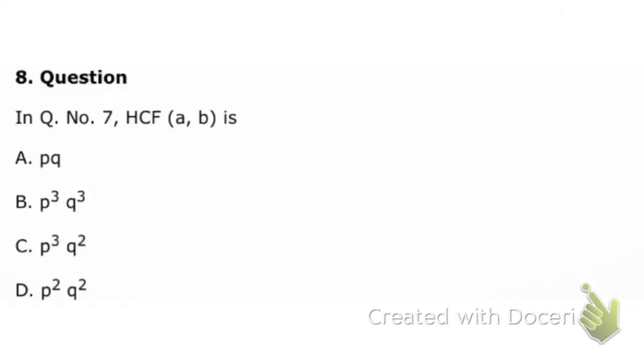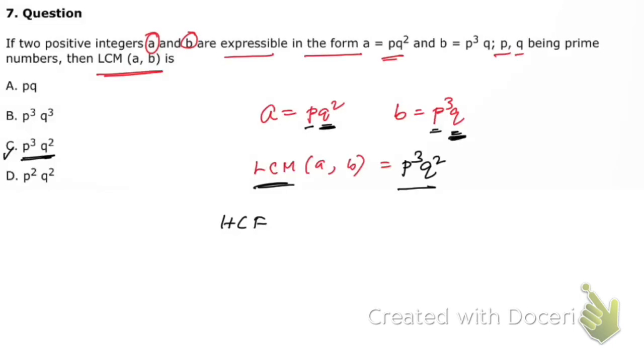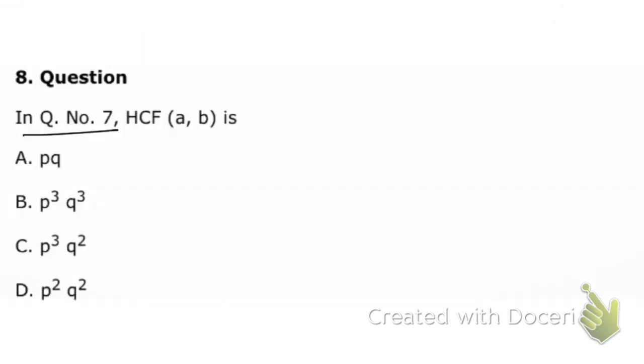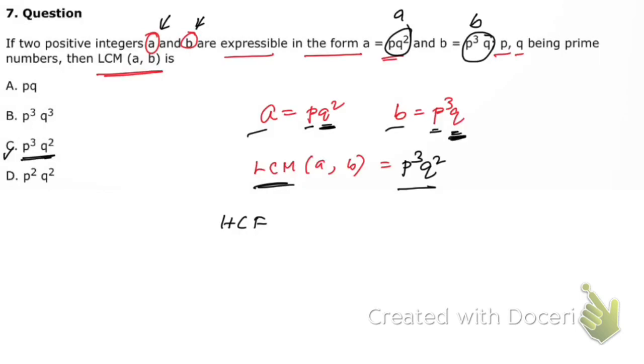Here is the question. In question number 7, in the same question, a and b are equal to pq square and p cube q. A is this, b is this, and from here we need to find the ACF of a and b. As I have already told you, we're going to take the lowest power of p and q.